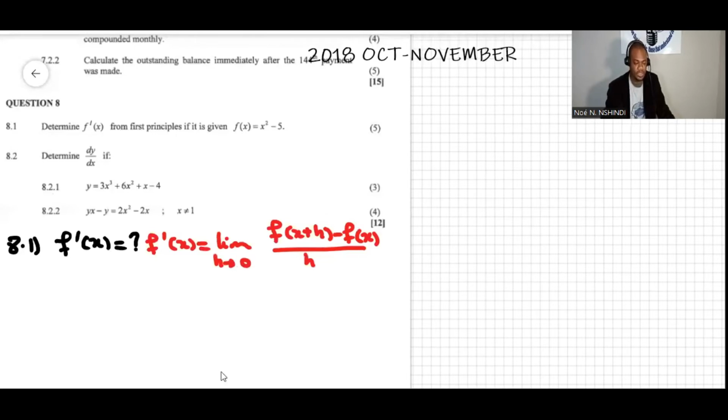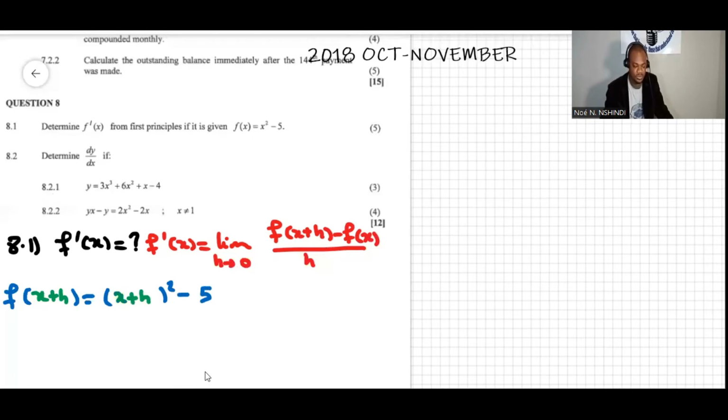Now, f of x plus h means that wherever we have x, we're going to substitute x plus h, so that makes x squared minus 5. So over here I'm going to write x plus h.